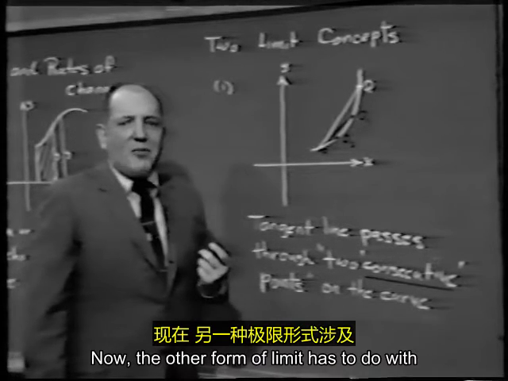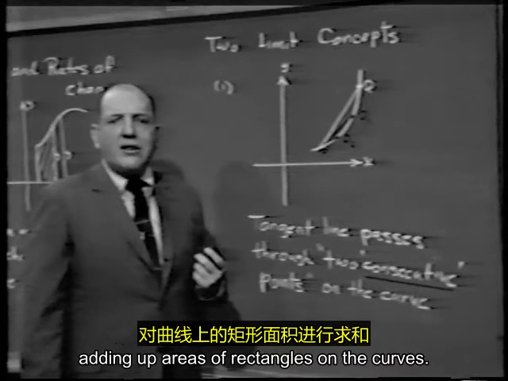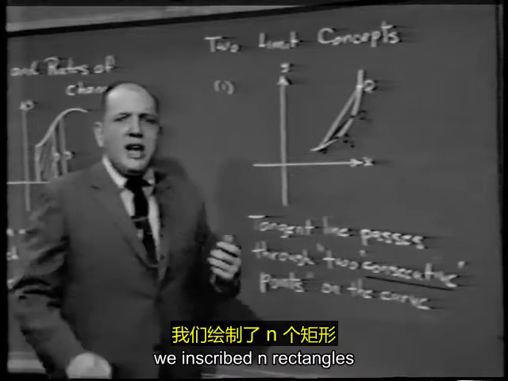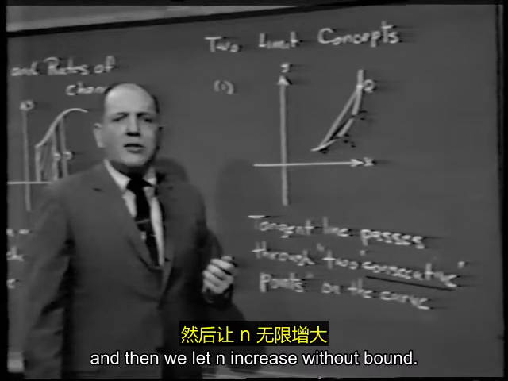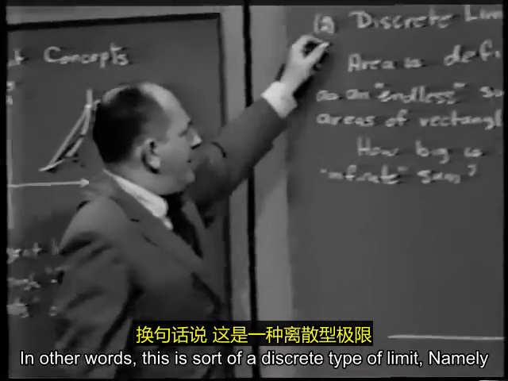Now, the other form of limit has to do with adding up areas of rectangles under curves. Namely, we divided the curve up into n parts, we inscribed n rectangles, and then we let n increase without bound. In other words, this is sort of a discrete type of limit.